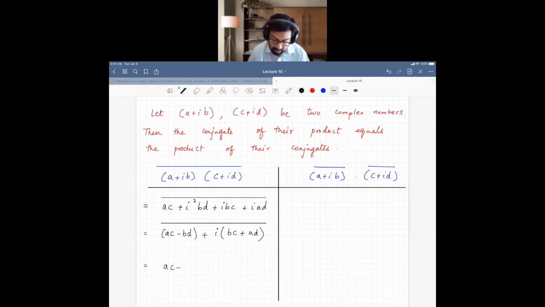Real part remains as is, and the imaginary part gets a sign reversal. So when you simplify the left hand side, you get that.